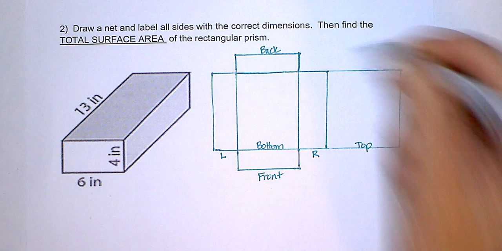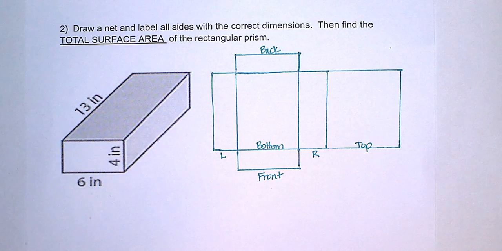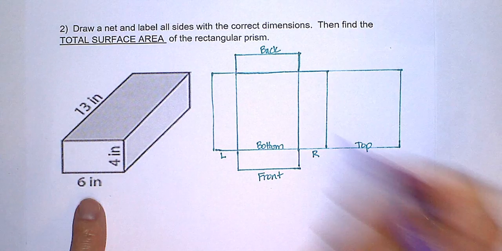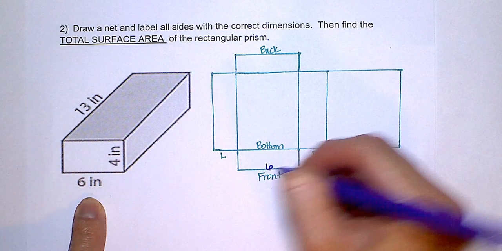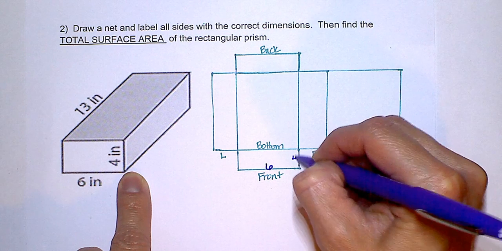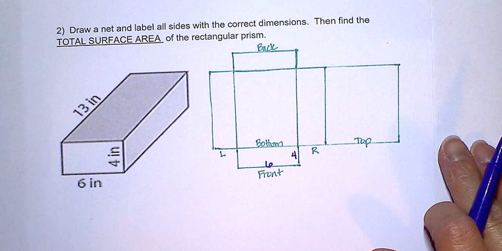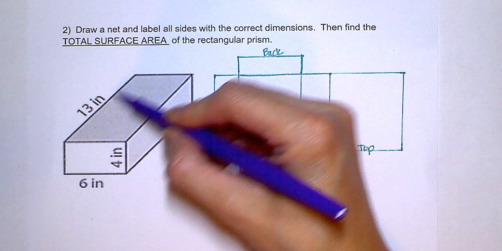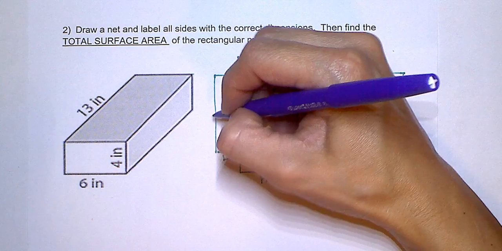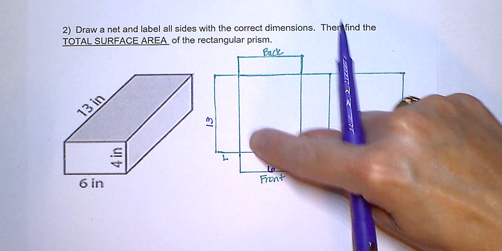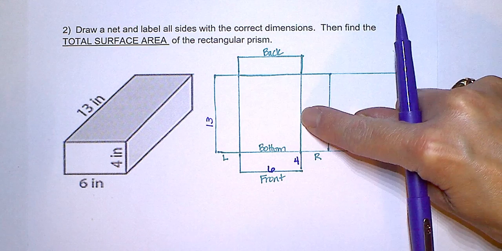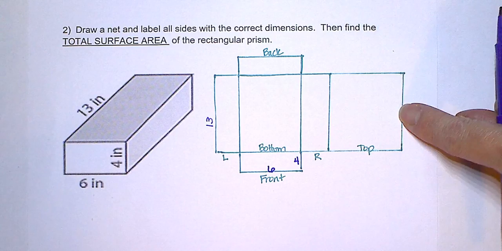Now let's go ahead and start putting in some numbers. So I'm going to grab a different color of pen. This front part is 6. This little part here is 4. Now, be careful. This entire edge right here is 13. So this is 13, this is 13, this is 13, this is 13, this is 13, and so on.